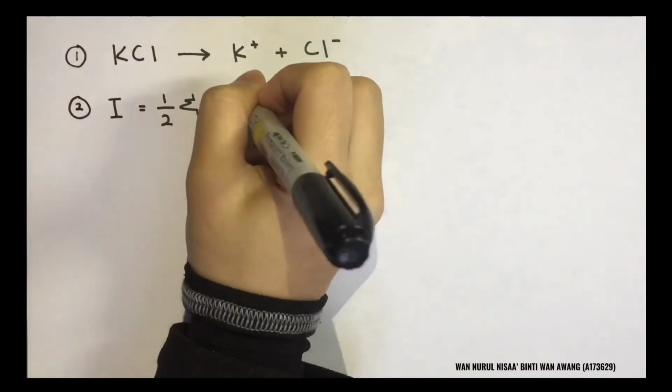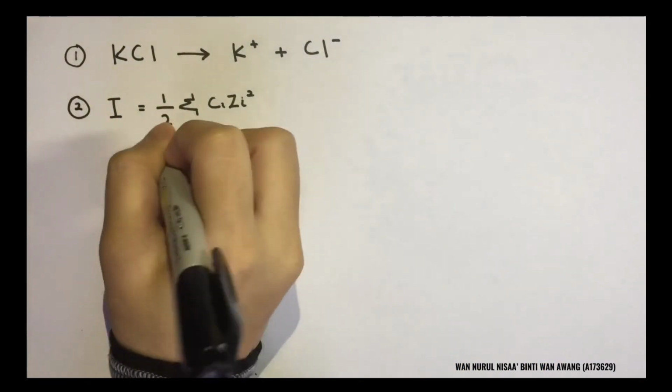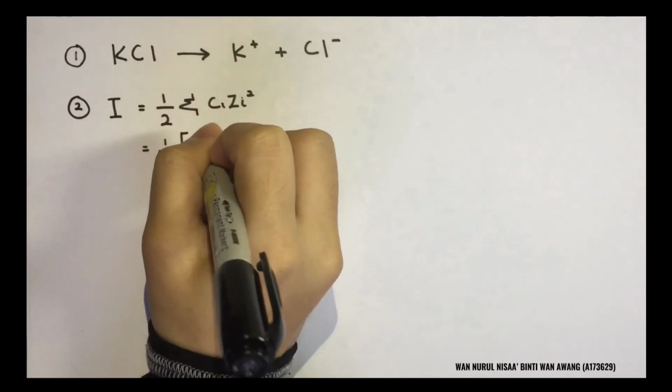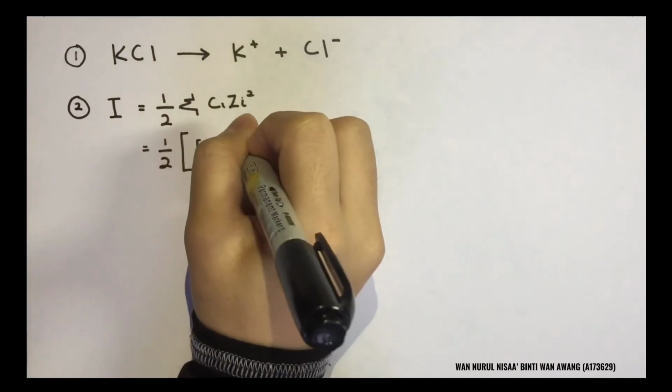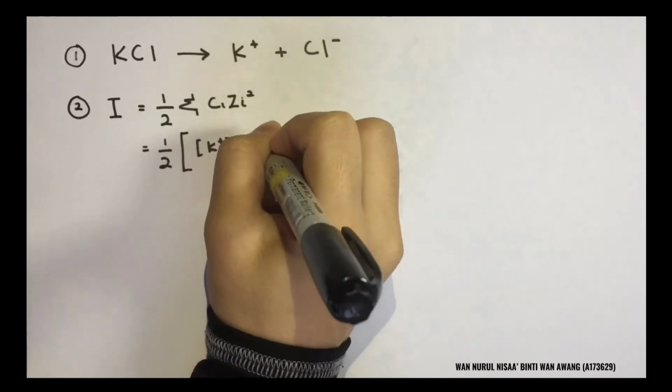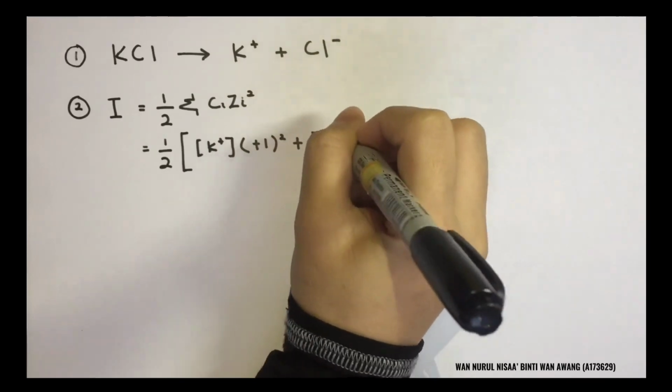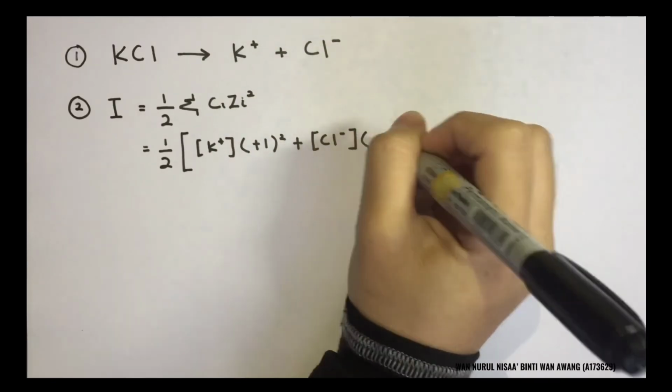Therefore, we can write the equation as half times the concentration of potassium ion times charge plus 1 squared, plus the concentration of chloride ion times negative 1 squared.